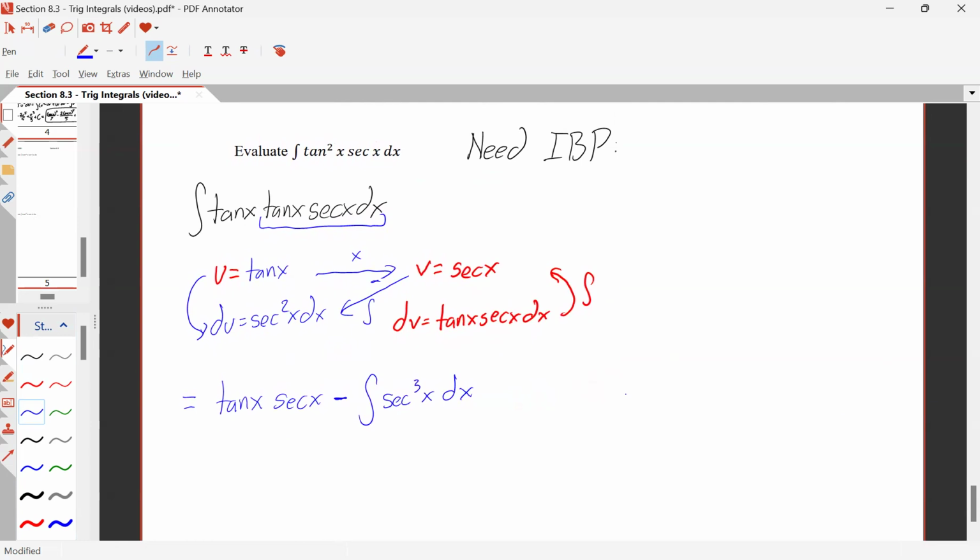So now we have this new integral. I'm going to rewrite it all the way out, that we have found that the integral of tangent squared x secant x is equal to tangent x secant x minus the integral of secant cubed x dx.